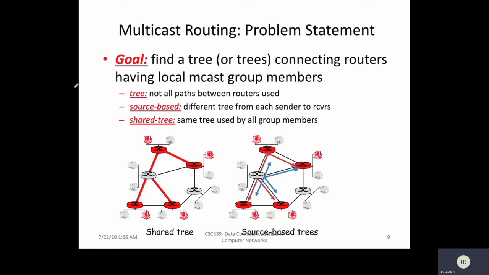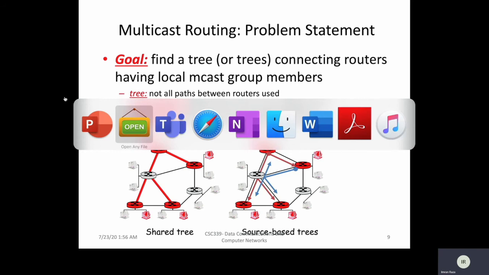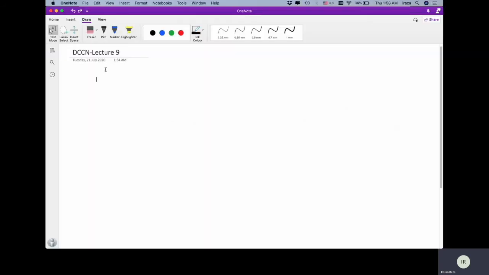Before discussing the multicast routing problem, let me talk about the important concepts related to multicast routing. So in multicast communication, there are two problems that we immediately need to find a solution for.